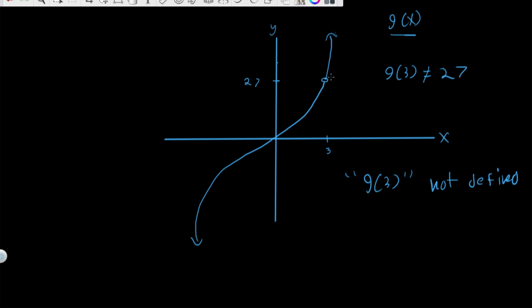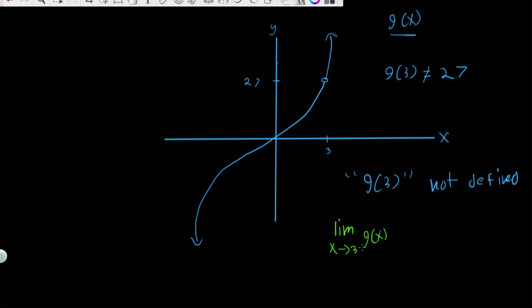So we can describe this function with a limit. This is how we read this: the limit as x goes to 3 of g of x. We don't write the "of" and those English words, but this notation denotes that.